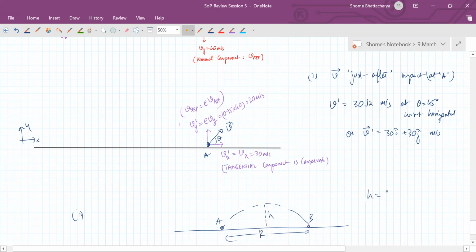You can see that the maximum height will be computed from this.